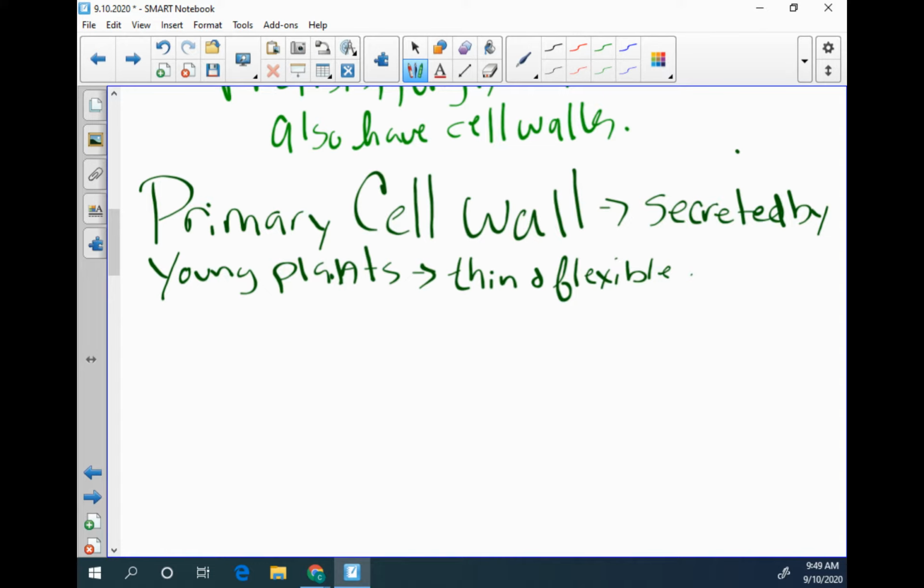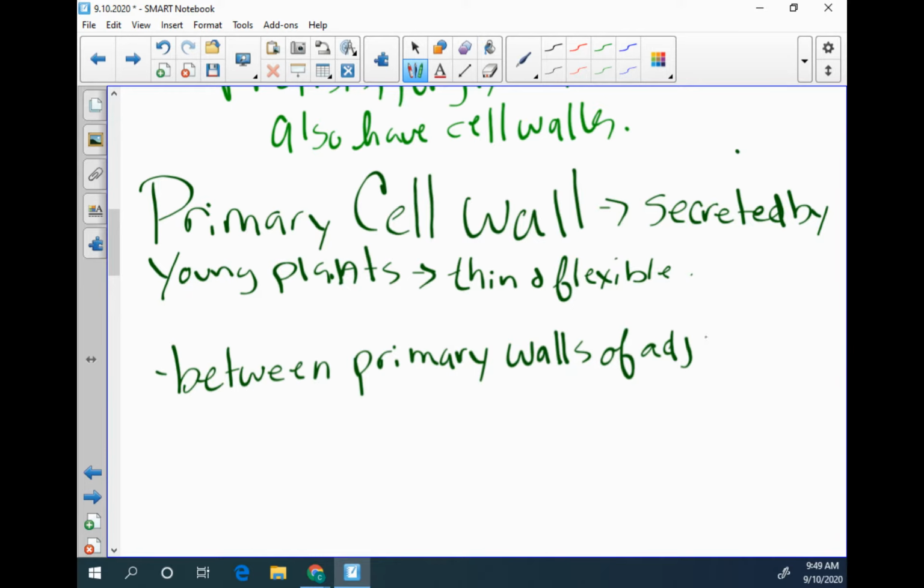Between primary walls of adjacent cells, so if we got a cell here and a cell here, we're talking about this space in here.